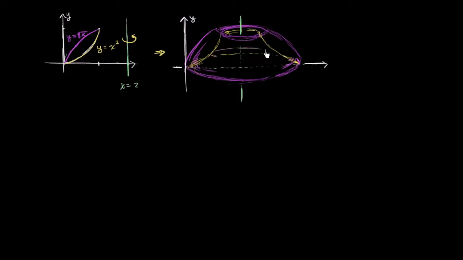So that's the inner radius. That's the inner radius of the ring defined by y is equal to x squared. And then the outside radius of the ring, my best attempt to draw it reasonably, might look something like that.